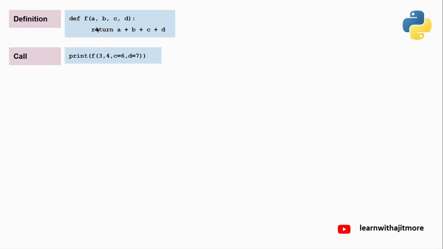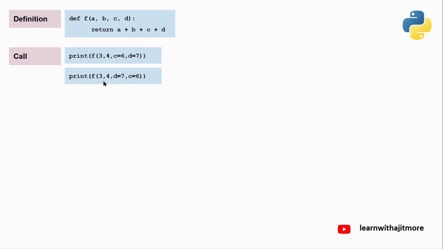First, I'm calling f with two positional, two keyword. First two are positional, so strictly 3 will correspond with A and 4 will correspond with B. And the remaining two you have given with keyword, 6 with C and 7 with D. So it will be 14 and 6, 20, right?